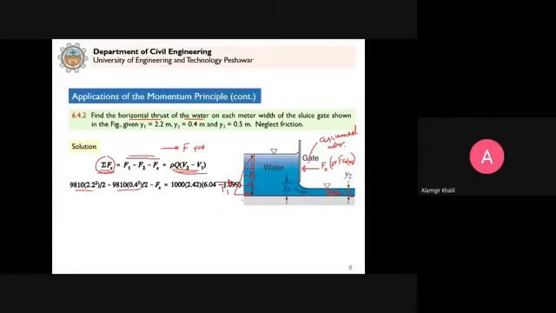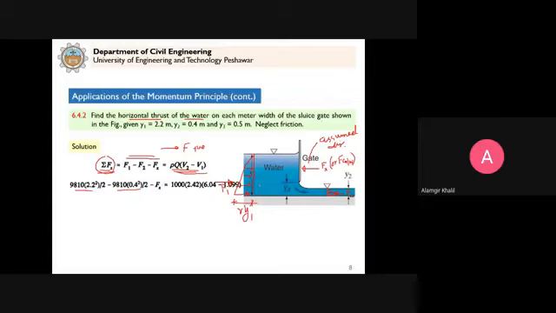How to calculate this? For example, this F1, we already know this from what you studied in mechanics of solids and structure analysis. For water, this ordinate will be equal to gamma into y1.